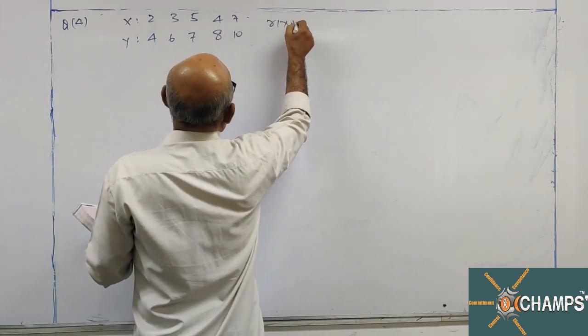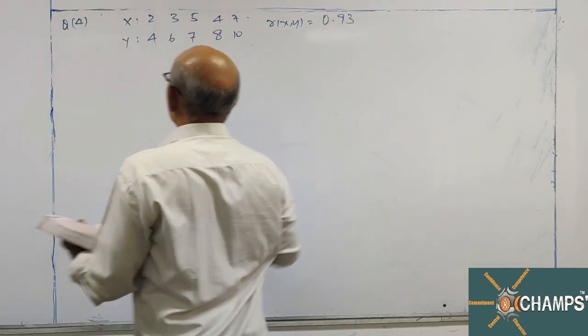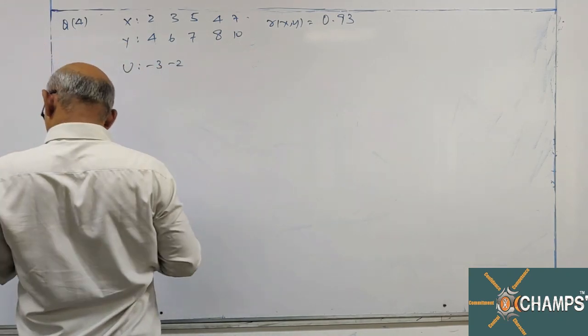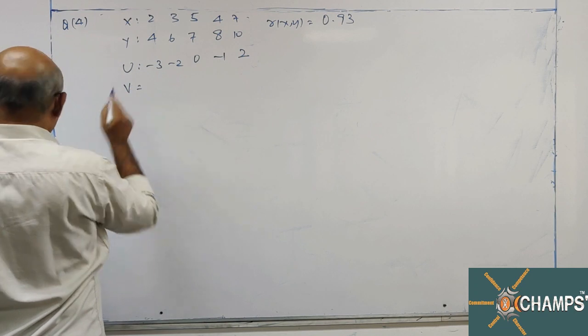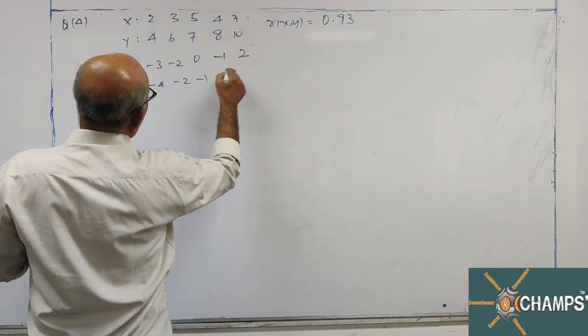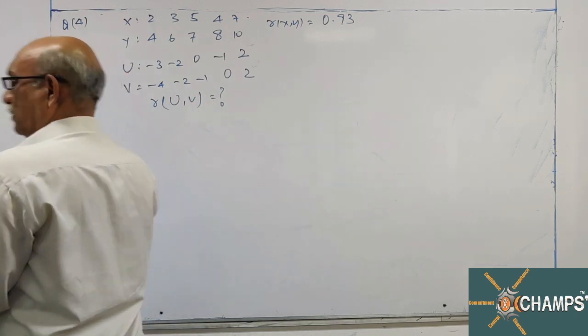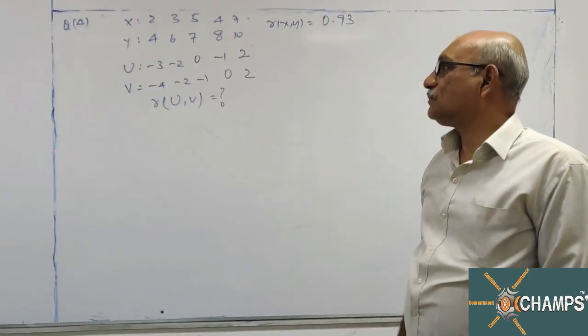R of x comma y is equal to 0.93. Now u is equal to -3, -2, 0, -1, 2. V is equal to -4, -2, -1, 0, 2. R of u comma v is equal to question mark.